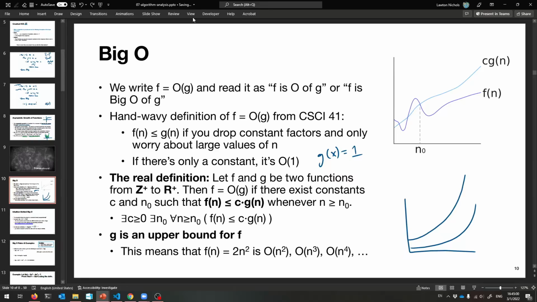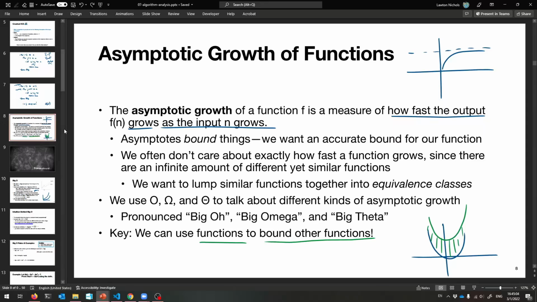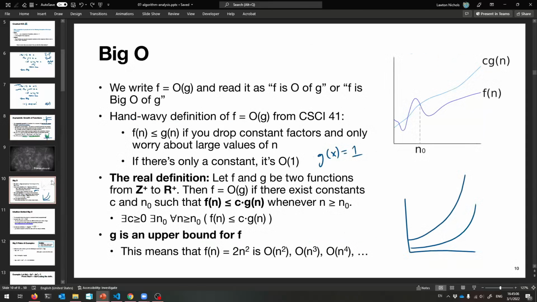Okay, here's the real definition of big O, and this is going back to asymptotic growth. Keep that in the back of your mind. So f and g are functions, so assume that they take positive integers to positive reals, okay? This is a standard way of defining this. So you can never have negative values, or negative inputs.